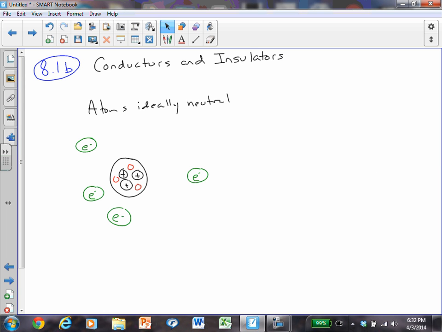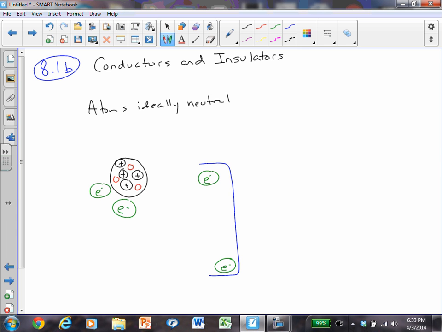The different flavors of atoms have different respect with how they treat these electrons. Some of them hold them very closely in, okay? And others have some that are close in and some that are out, that are more free to roam. These outer electrons out here, which you'll learn much more about in chemistry next year, are called valence electrons.